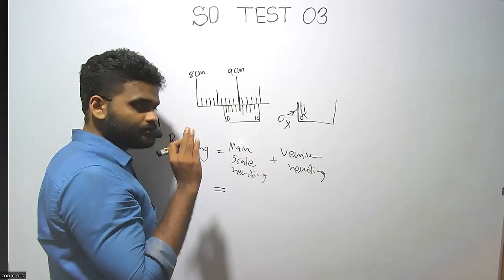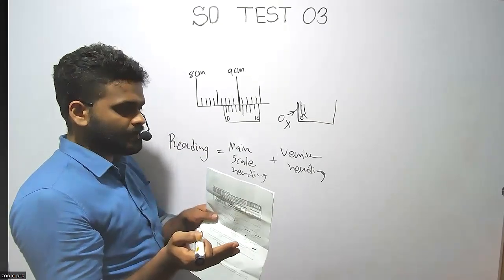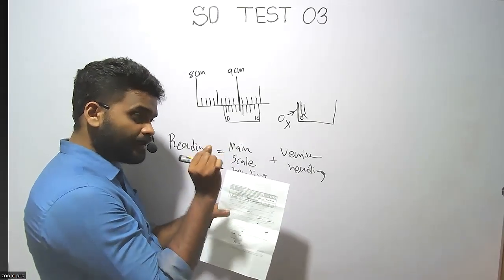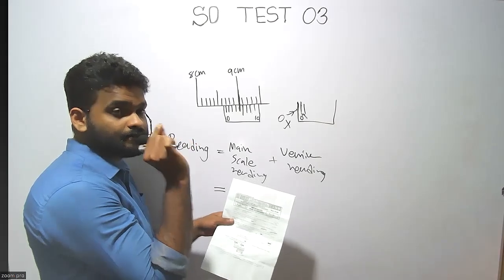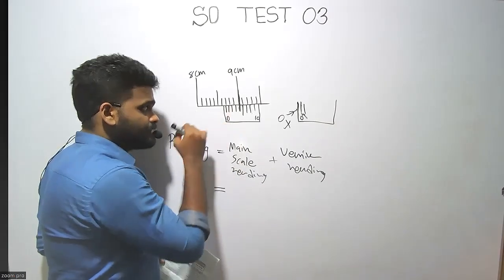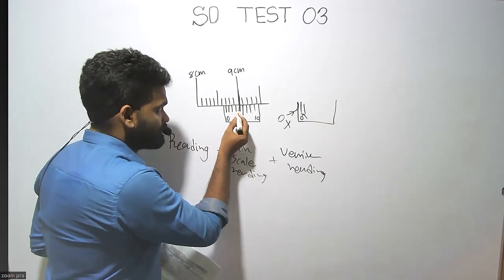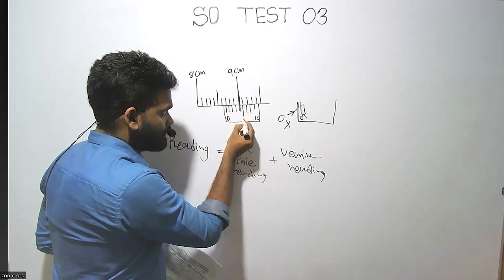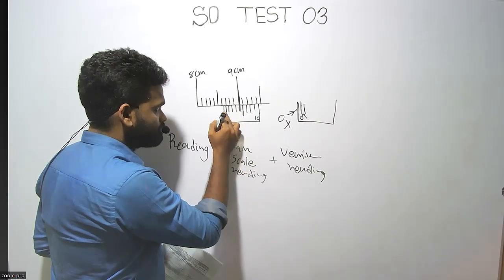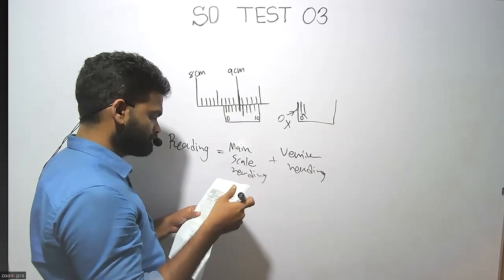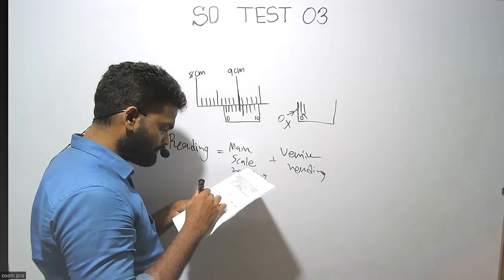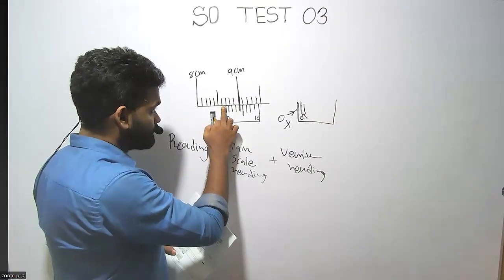There are some tricks they use. Different vernier calipers have different shapes and forms, so you should be able to identify the zero of the vernier scale first. That's the key point. When you think about this, it is the fifth mark: 1, 2, 3, 4, 5, as in the image. Our fifth one is here.